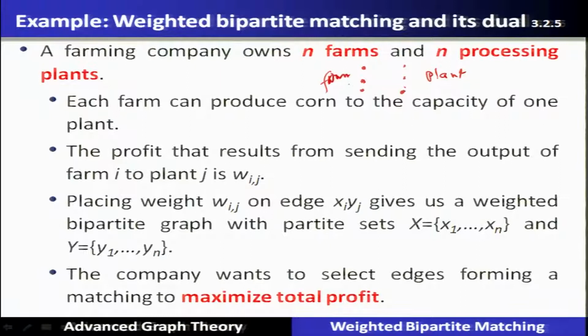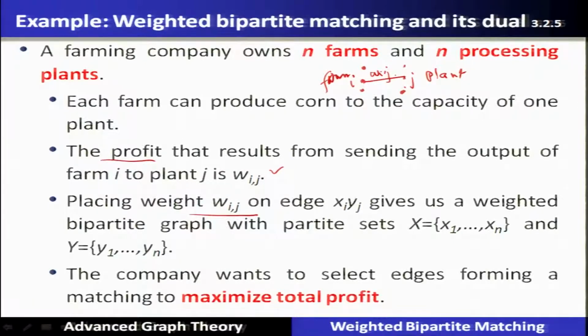If farm i is sending its produce to plant j, there will be an edge, and the weight assigned to this edge is w_ij. This w_ij indicates the profit: if the farm sends its produce to the plant, then the total profit earned will be w_ij.